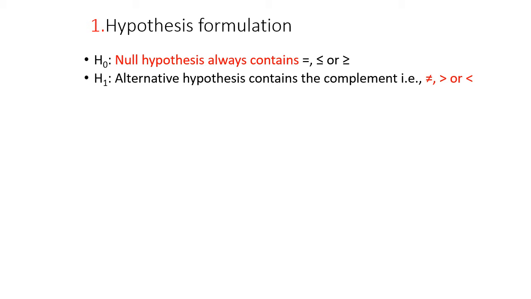So if you have an equal sign, then you have an unequal sign for your alternative hypothesis. If you have a less or equal sign, then you will have a greater than sign. Then lastly, if you have a greater or equal sign in your null hypothesis, then the opposite of it is the less than. So you just turn it around.